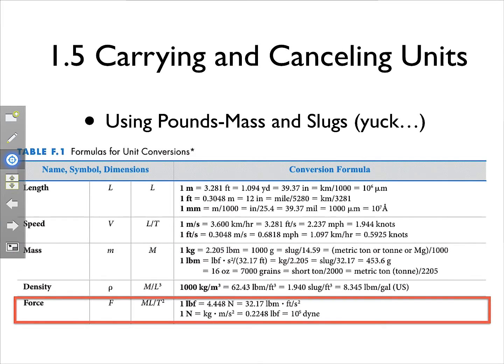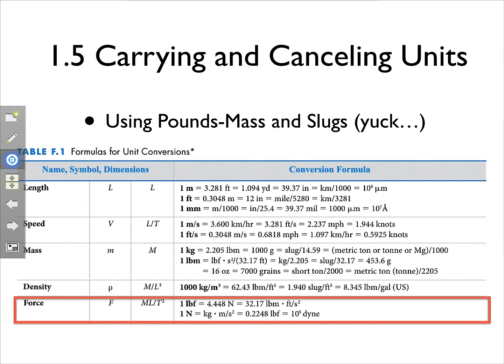The other difficult thing in transitioning between SI and traditional units is to deal with pound force, and we can see a similar type of conversion factor. 1 pound force equals 4.448 newtons, but it also equals 32.17 pound mass foot over second squared.